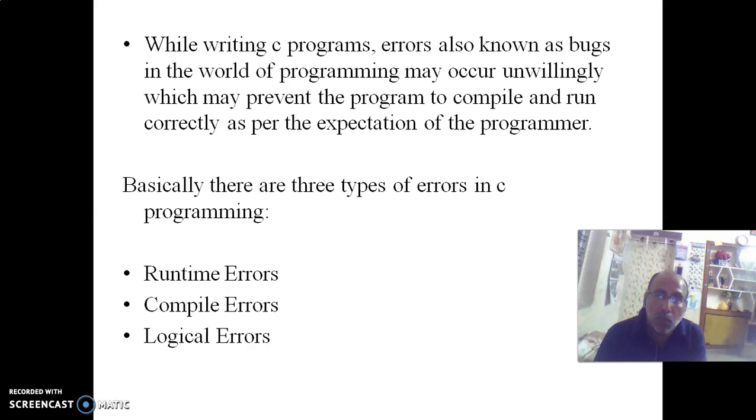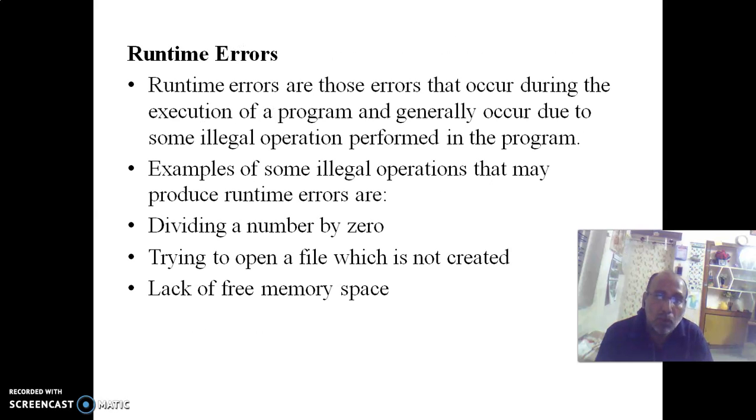While writing a C program, errors will come. Those errors are also known as bugs. Basically, there are three types of errors: runtime errors, compile errors, and logical errors.